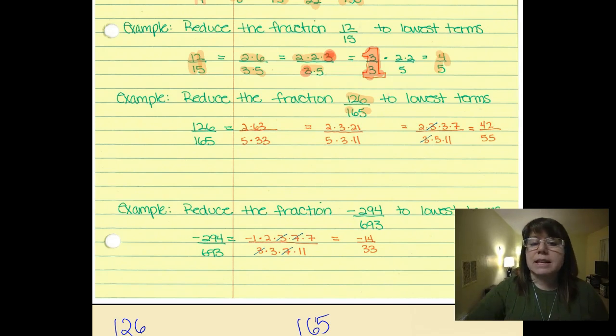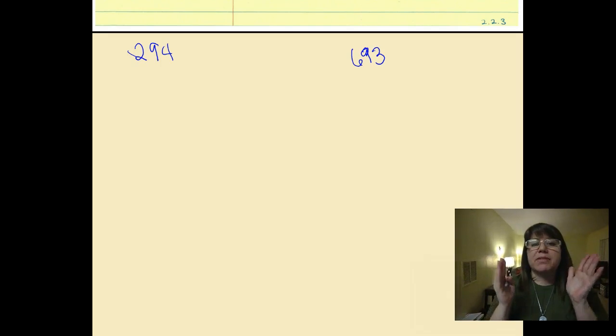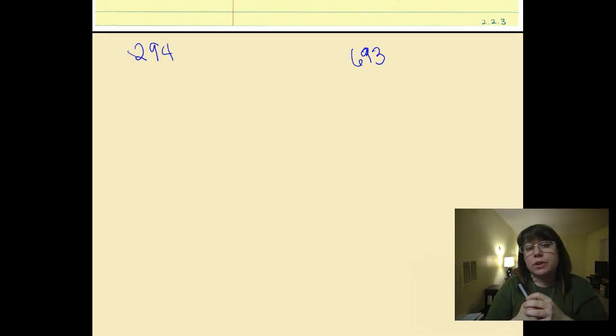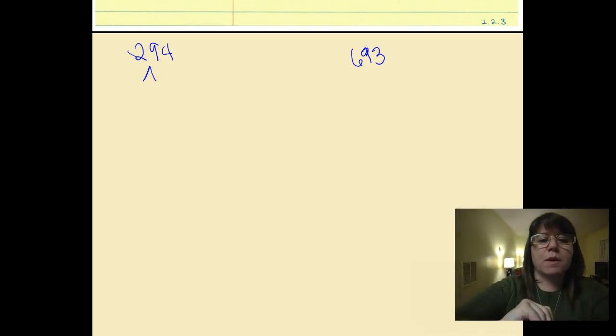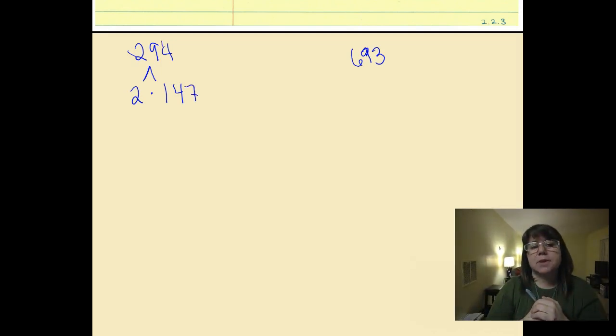Now let's take another example. 294 over 693, and it's actually a negative 294. I don't want to forget about that negative. It has to go along for the ride. All right, so let's break down 294. Definitely 2 goes into it. 2 goes into 2 once, 2 goes into 9 4 times with 1 left over, 2 goes into 14 7 times, pardon me.